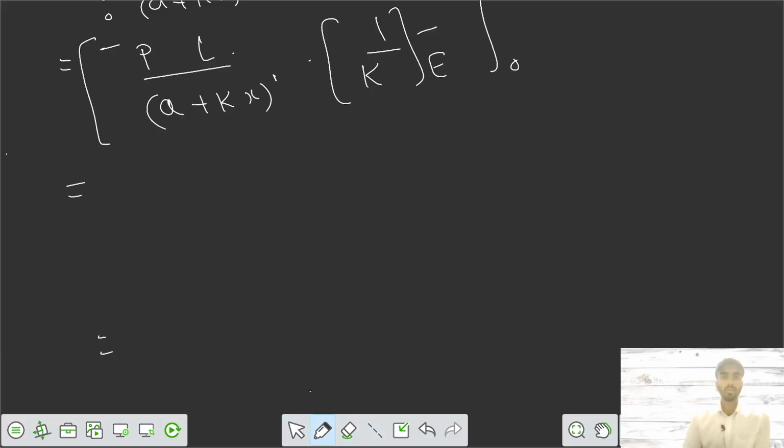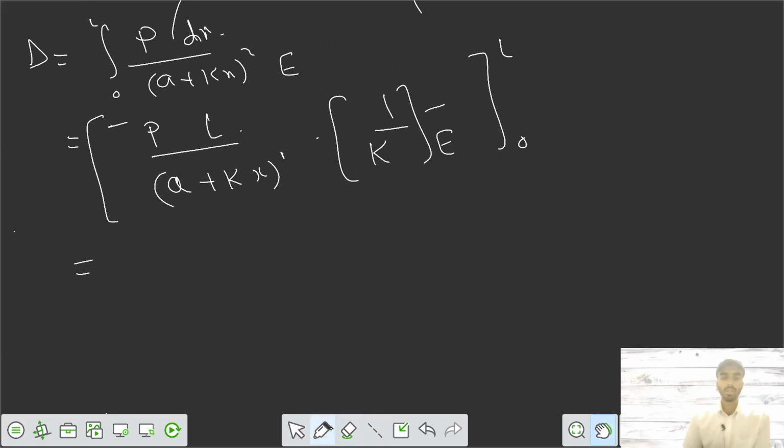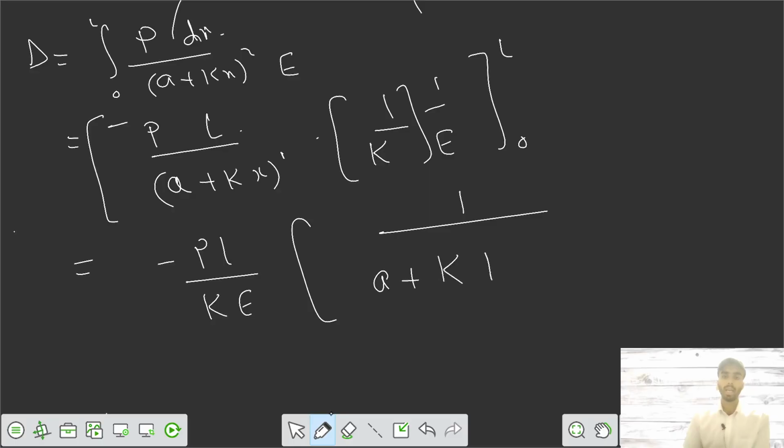When you calculate the values and do the integration, you need to use both the limits. Minus PL by kE, and 1 by A plus k into upper limit L, minus 1 by A plus k into x. K into x is your 0.